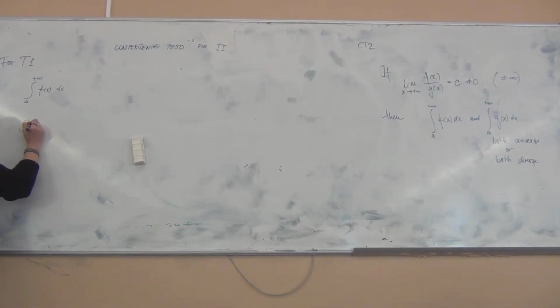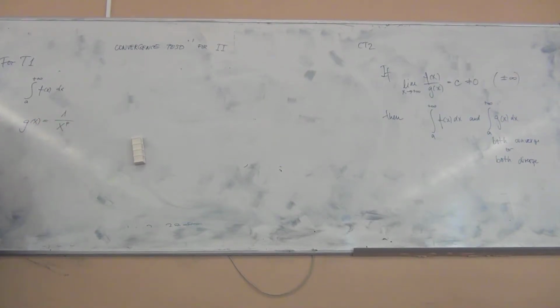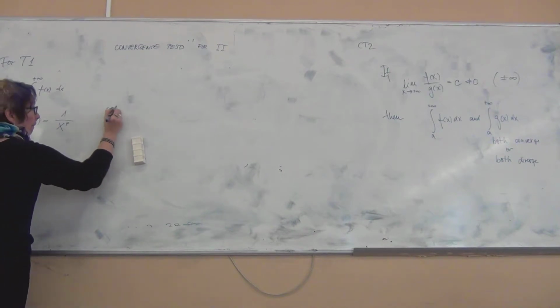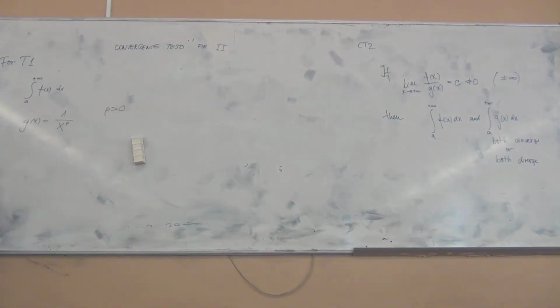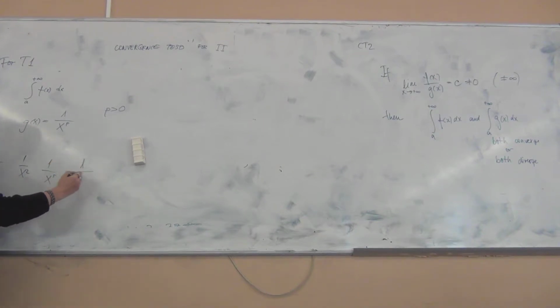In other words, if we choose the g function 1 over x to the power p, where p is a positive number, we call this a p function. That would be something like, for example, 1 over x squared, 1 over x to the fifth, or 1 over square root of x, because here p equals 1/2.